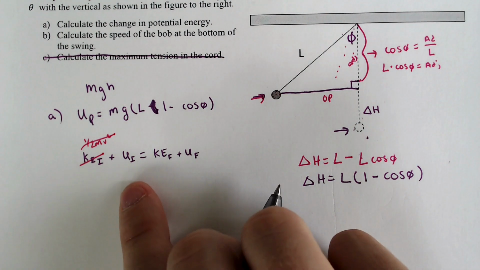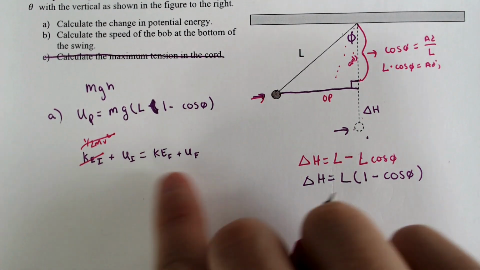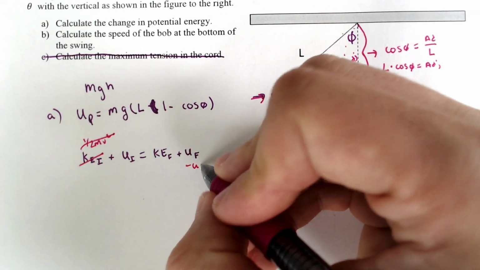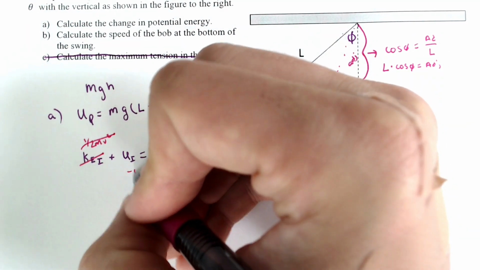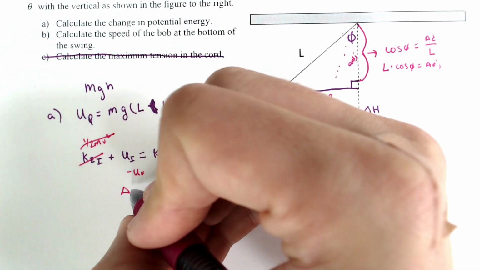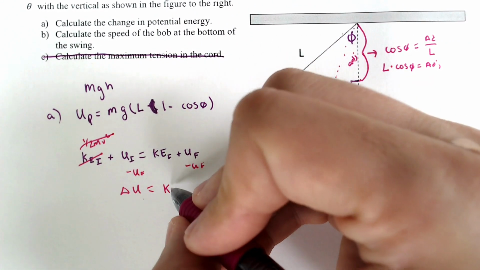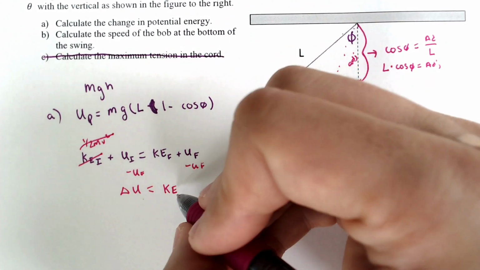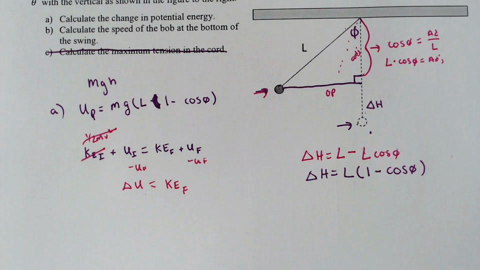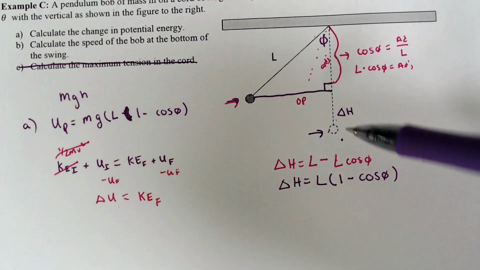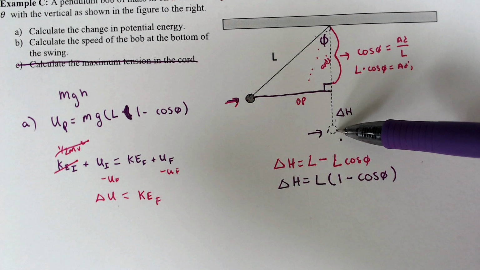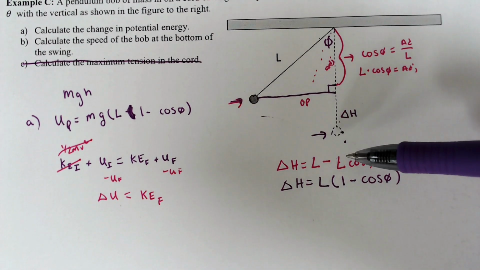We also know that if we subtracted the UF here, we would get our change in potential energy, delta U, which must therefore equal the final kinetic energy. And we want to know the speed at the bottom, which would be its final in this case, because that's where we're stopping.